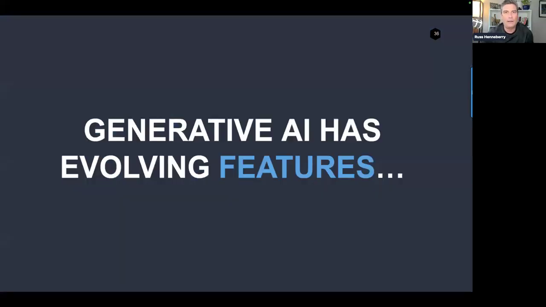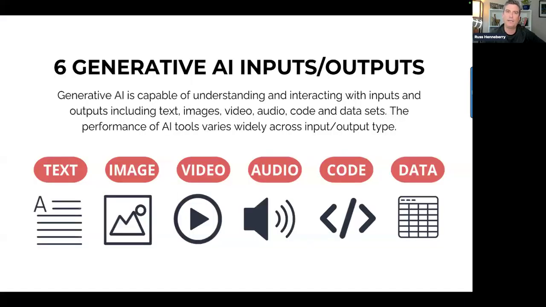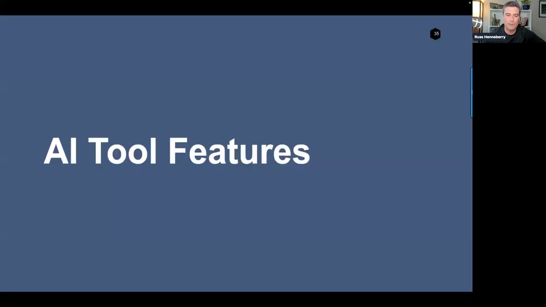The other thing I want to talk about is different types of features that are very related to multimodality. Depending on how you define multimodality, a lot of people just define it as inputs and outputs. But I also want to bring in the idea, because as business people and marketers, we care about the different features that these AIs have.